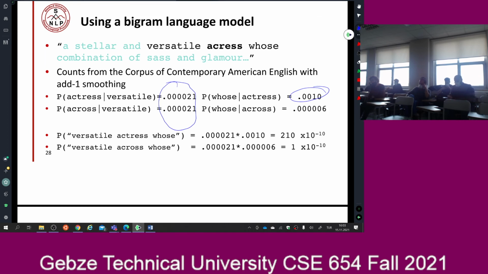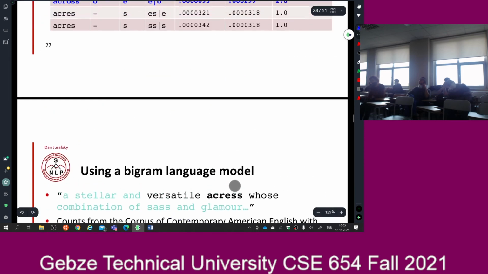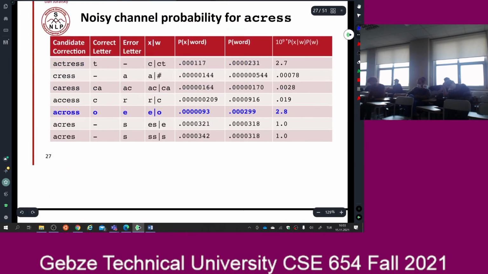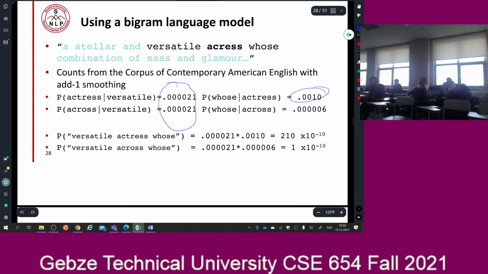If you are going to do spelling correction based on just one word only, across is the solution. But if you look at the context, of course it makes a difference what your previous word is. And if you are going to do this with a trigram model, then you have to include all these words inside it.